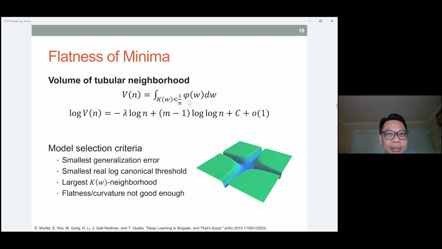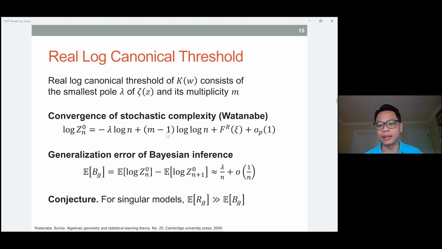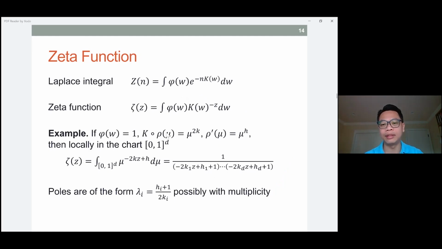There are several cases, but the simplest case is when phi is positive over the entire parameter space. It has no zeros. But if it has zeros, then phi is going to introduce singularities into this V. And this will change. That comment is also relevant to everything that I've discussed before. Phi actually will introduce singularities into this if phi has zeros.